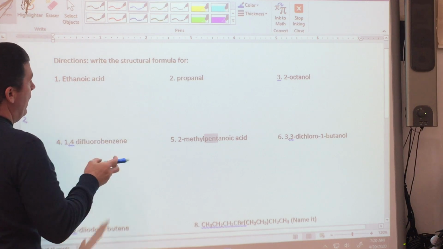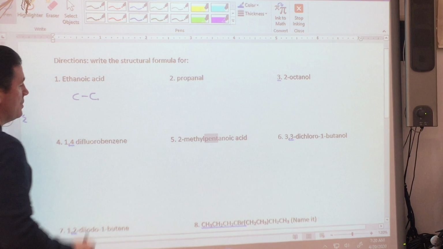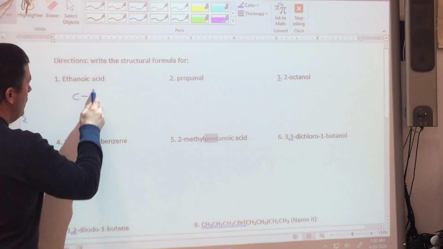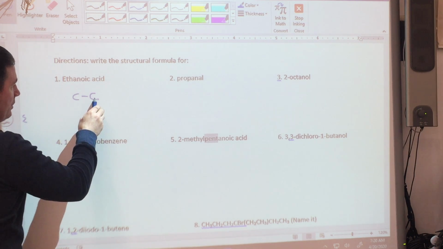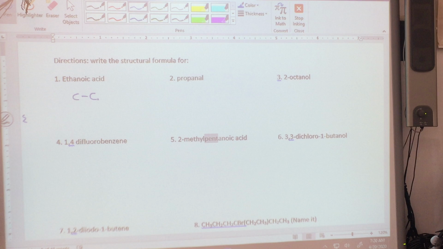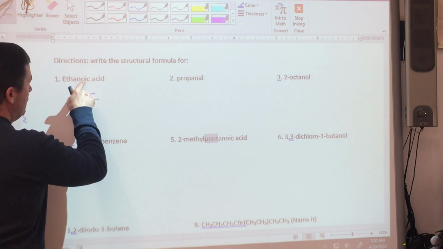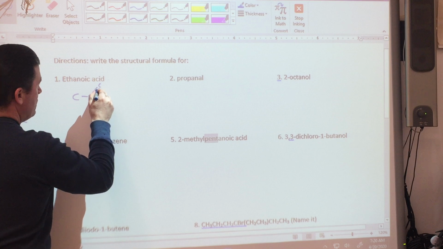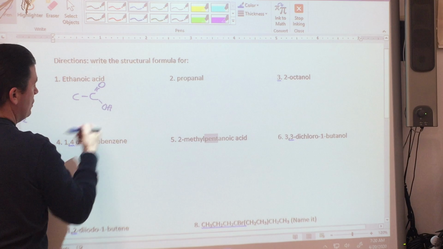This is an organic acid. Ethane indicates that there are 2 carbons. When we do any of the functional groups, we are always going to count the carbon to which the functional group is attached. So here's ethane, and since it says oic acid, that means I've got to have a carboxylic acid. It's a double bonded O and then an OH.